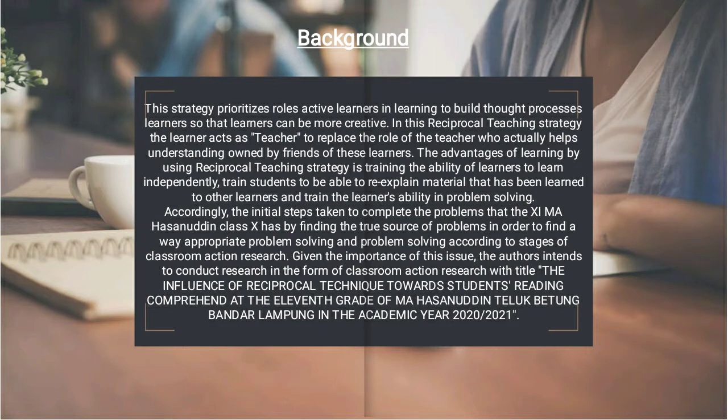The advantages of learning by using the reciprocal teaching strategy are training the ability of learners to learn independently, training students to be able to re-explain material that has been learned to other learners, and training the learner's ability in problem solving.